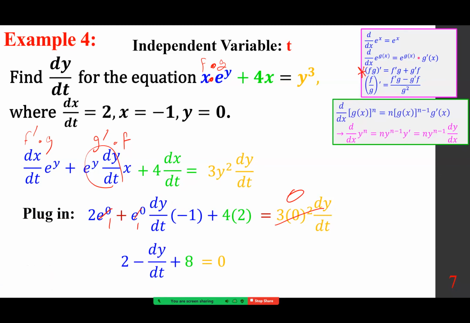And I hope you realize if I move this to the right, it makes dy dt equal 2 plus 8, or 10. Again, the key here is to pay attention to the independent variable, namely t.